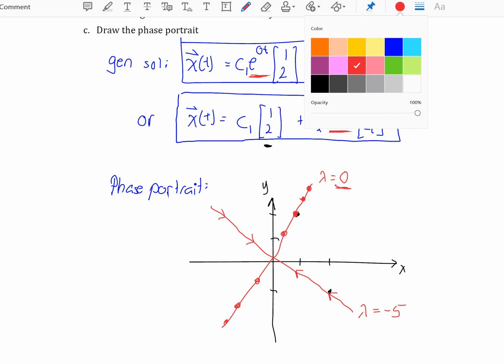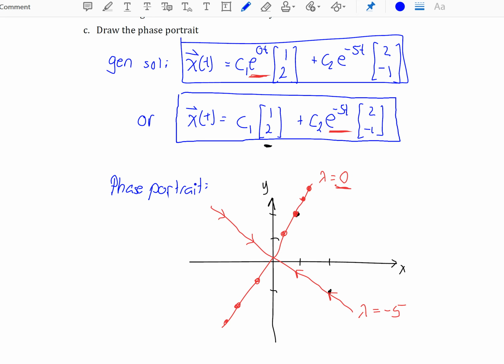So now let's consider what would happen to initial conditions that started somewhere else not on one of these lines. And what you want to notice, if you started here, the only movement that you see is because of the movement that is being pulled by this eigenvalue -5. And so solutions would move parallel to it.